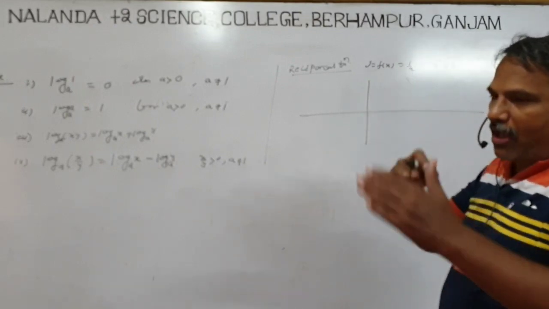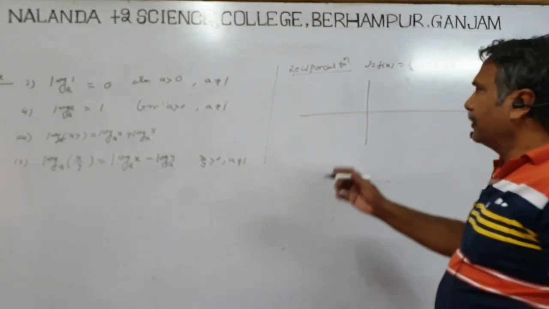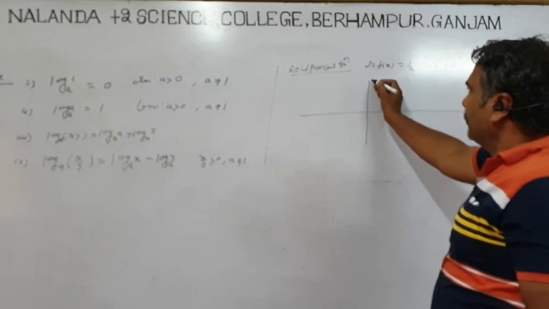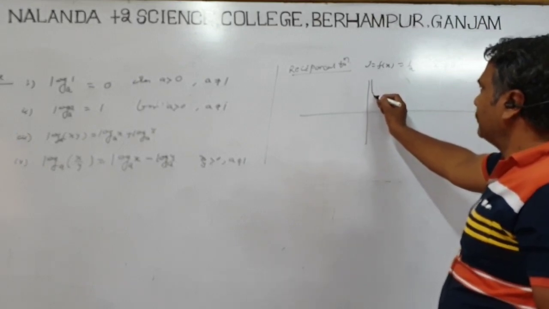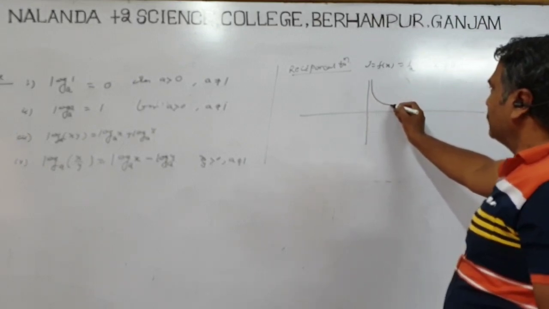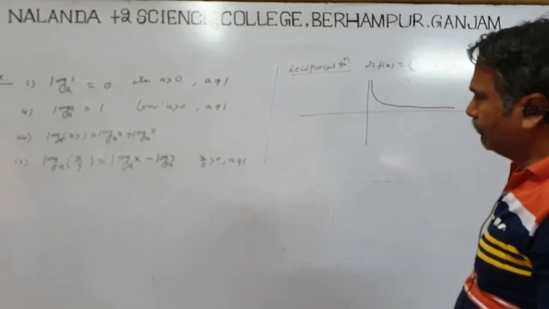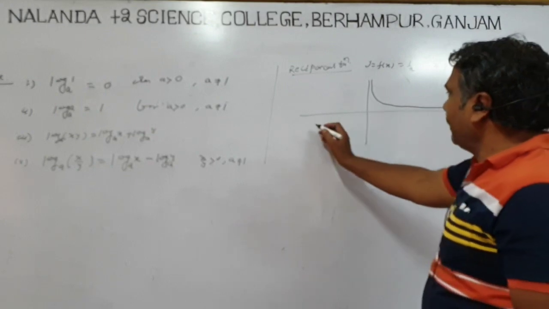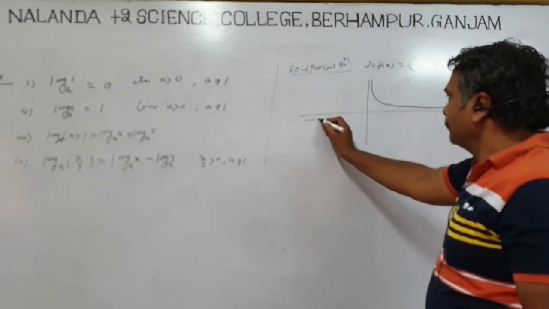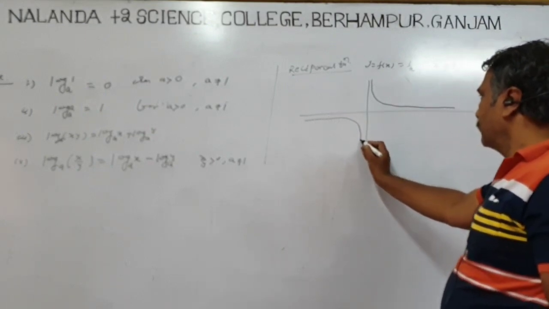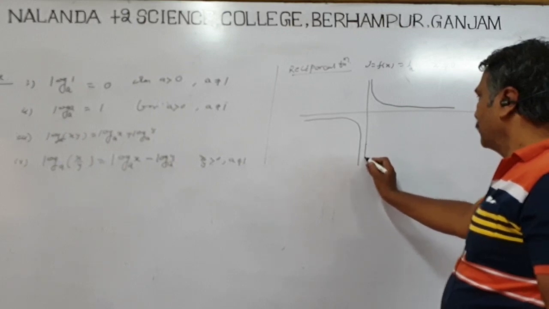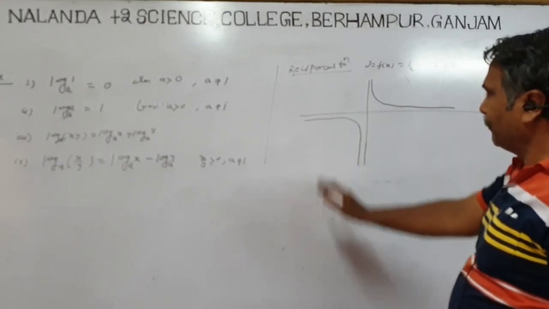When x equal to 1 by 10 or 1 by 100, y is 10 or 100. When x is infinite, it becomes 0. Now this one for positive, and for negative, this one.